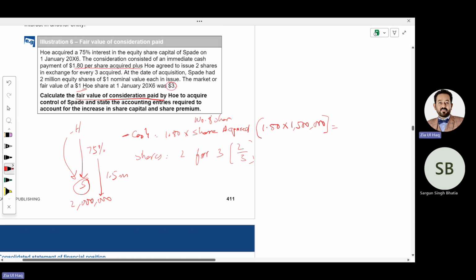Its face value is $1, but at the time of acquisition, its market value will be $3. If you are giving shares to subsidiary instead of cash, at what price you will give shares? At 3, mean market value, or at par value 1?